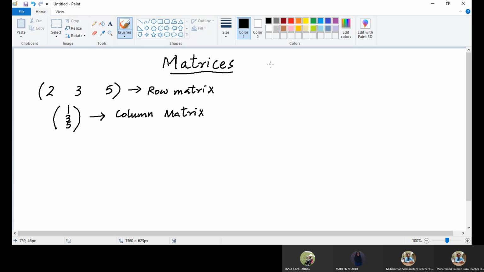In order to study any matrix, we need to know the order of the matrix, that is always row into column. So if a matrix is written like 2, 3, 4, 5, then we are going to count the number of rows. This is the first row, and this is the second row.